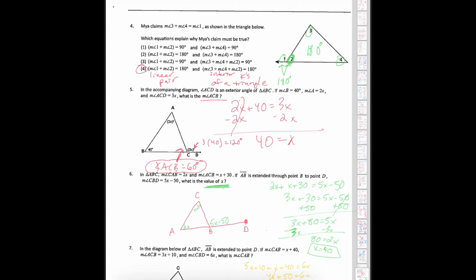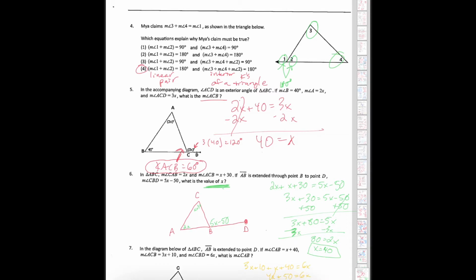Now let's go ahead and check the other statements and see why they're false. The third one says angle 1 plus angle 2 is equal to 90. We just said that's not true because those are two angles along a straight line, so we debunked that right away. That's not a good choice. Choice 2 says angle 1 plus angle 2 equals 180. That works. But the other choice, angle 3 plus angle 4 equaling 180, is not true because we need 3 angles in a triangle to add to 180.